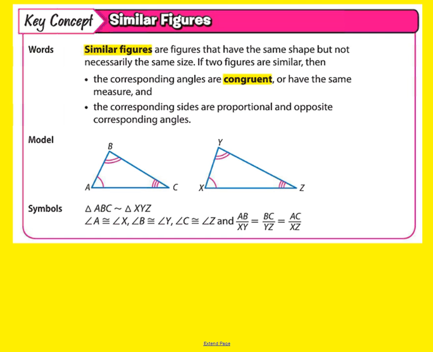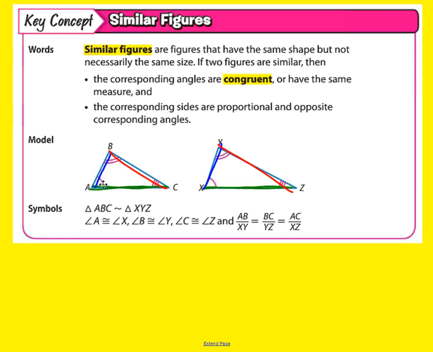So corresponding just basically means that they have the same relative position. So like A would correspond with X, B would correspond to Y, and C would correspond to Z. In the same token, when we're talking about sides, we can say that AC corresponds to XZ, and AB corresponds to XY, and BC corresponds with YZ.